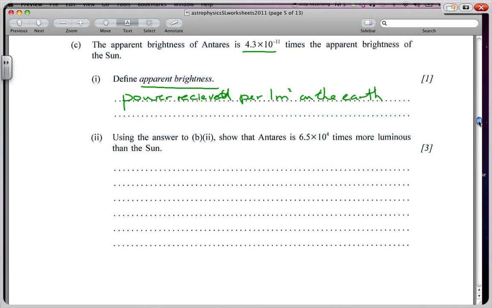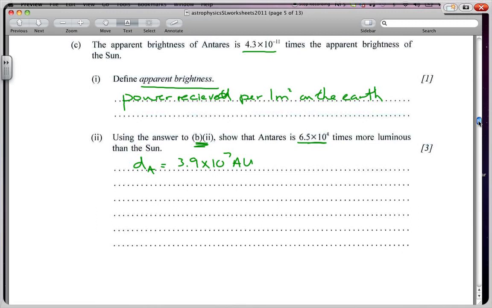Okay, now using the answer to B2, show that Antares is 6.5 times 10 to the 4 times more luminous. So from B2 we saw that the distance for Antares was equal to 3.9 times 10 to the 7 AU, distance from the Earth to the Sun.